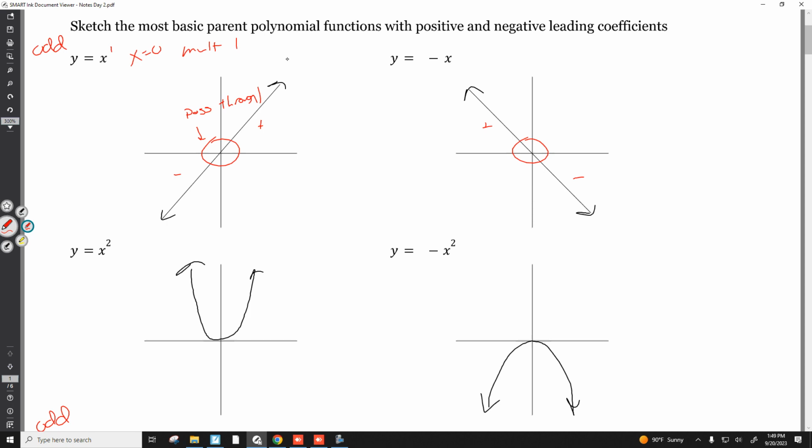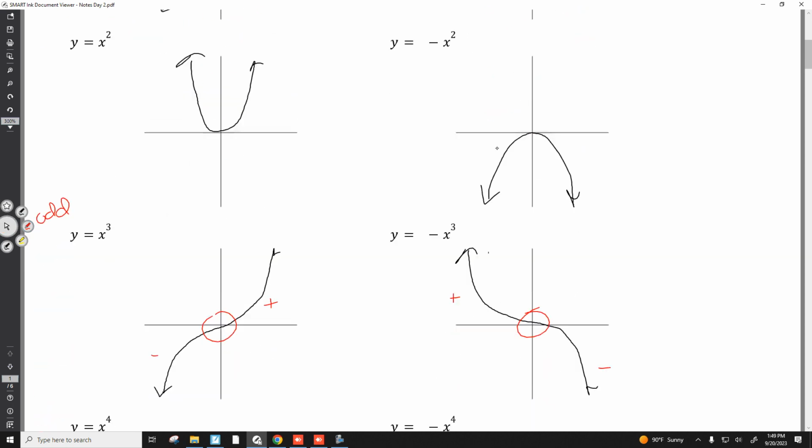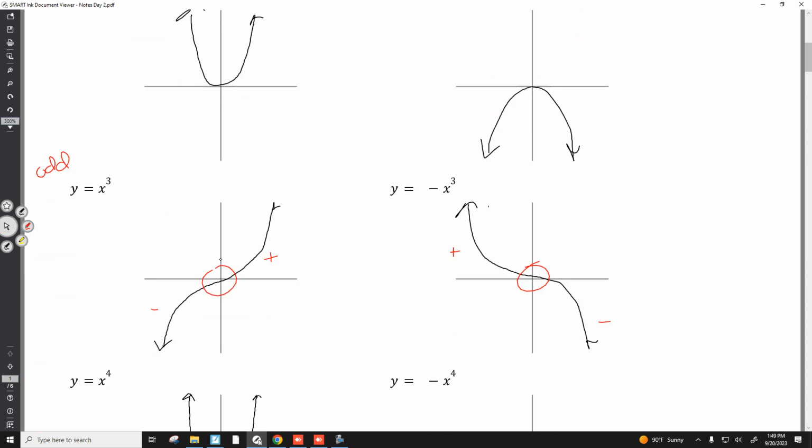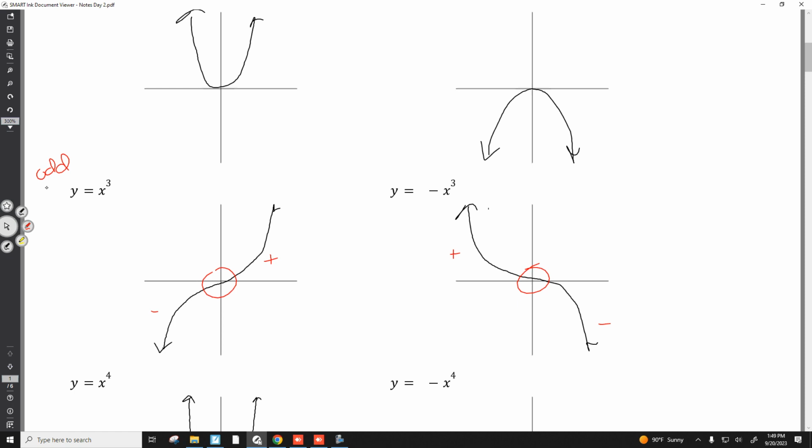Multiplicities of 1 will pass through the x-axis while they change sign. Odd multiplicities bigger than that will kind of bend on their way through. We see x equals 0 has a multiplicity of 3. We're going to bend on the way through. Kind of slows down as we change signs. Cool?